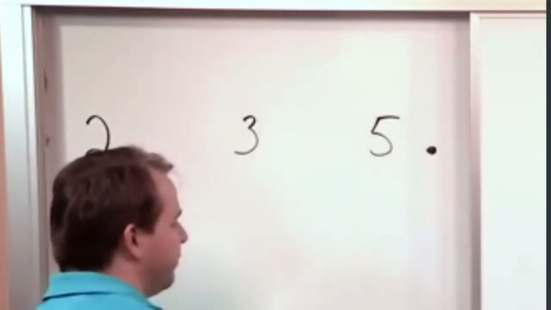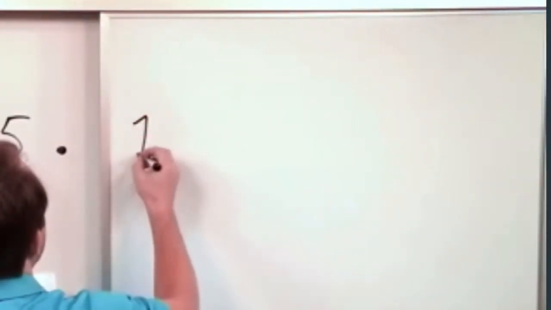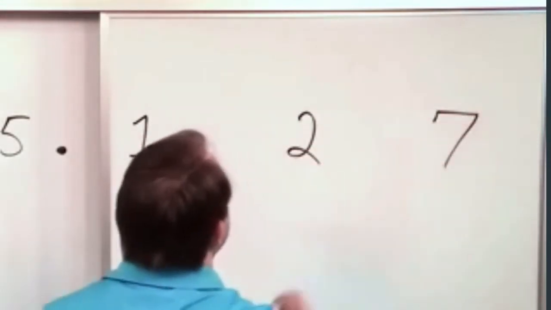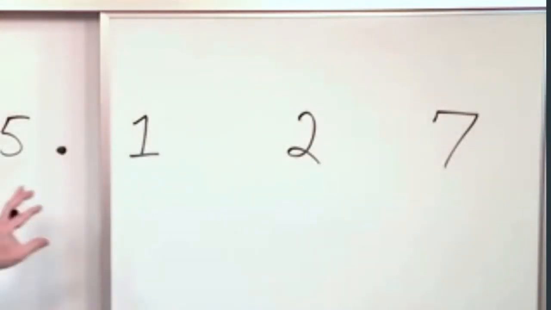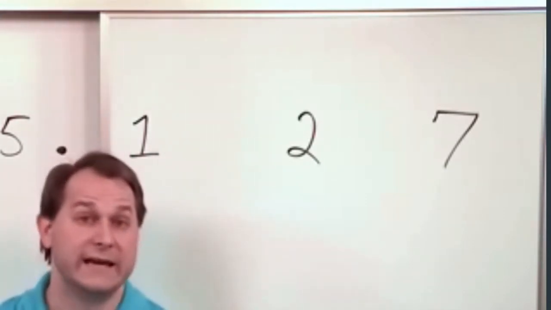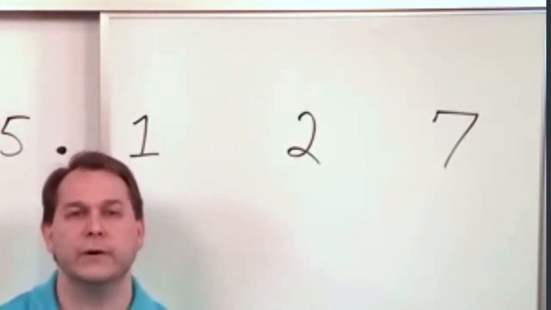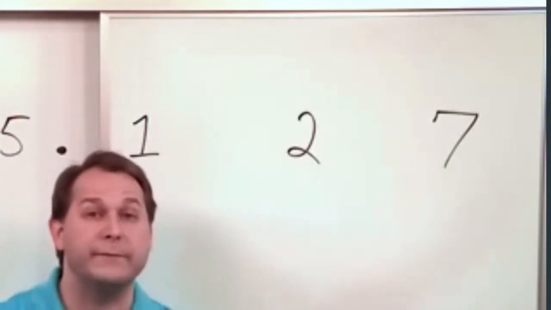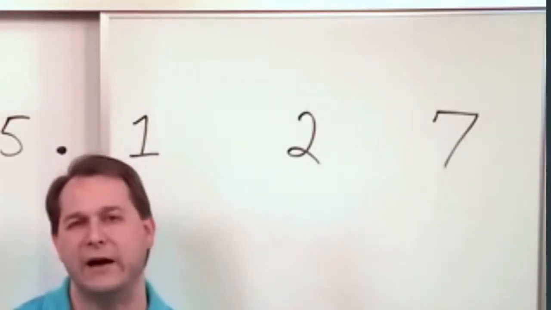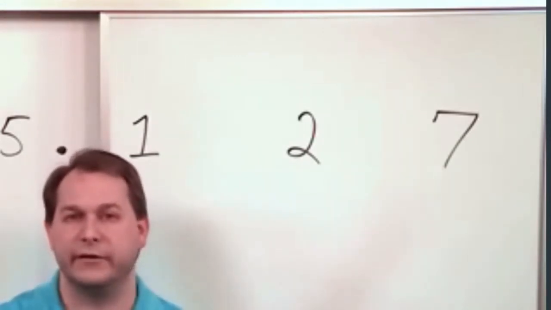Now after the decimal point is what we're going to focus a lot on here. Let's say I have some digits here, 1, 2, and 7. So here I have 3 digits before and 3 digits after. The main thing you need to know about decimal place value is that the farther and farther away you get from the decimal on the right-hand side, the less important those digits are, the less they're worth.